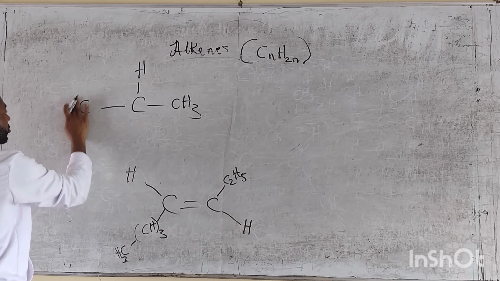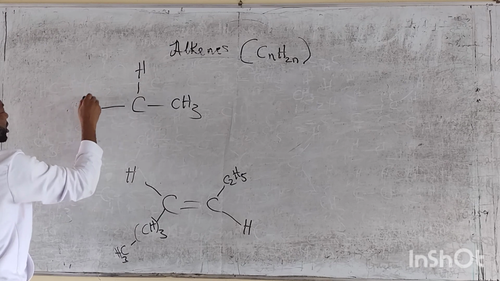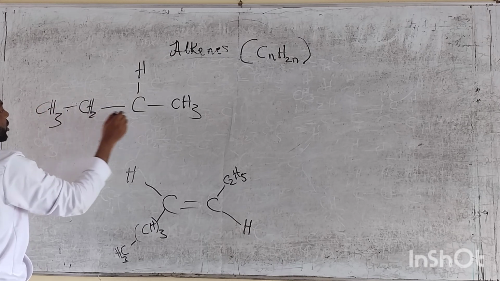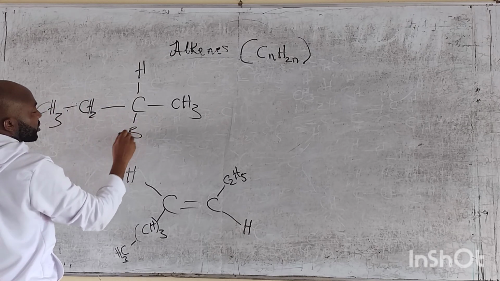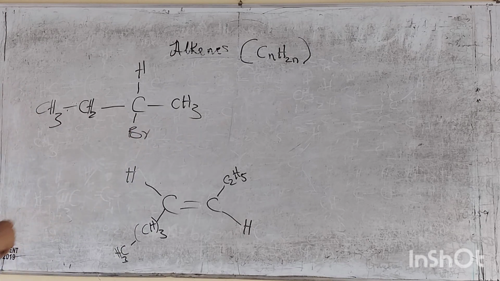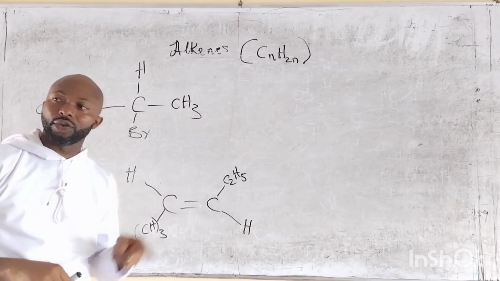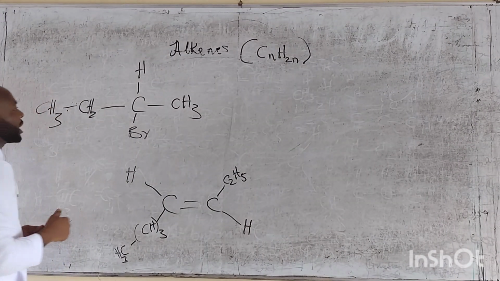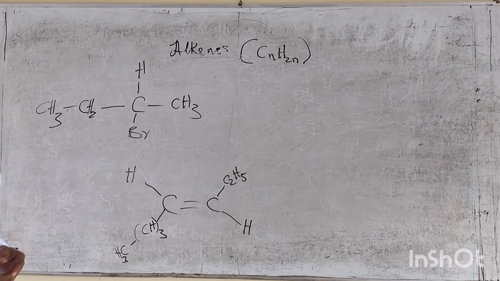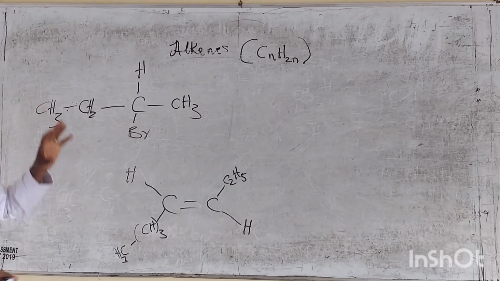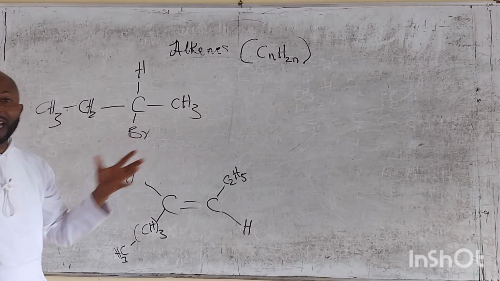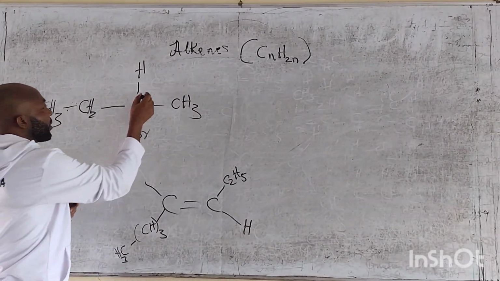Let me put it in front. Then CH3 here. This is bromine. Now, your job is to trace the chiral carbon. We say a chiral carbon or chiral center is that carbon that has four different groups attached to it. Let's think, this is our chiral carbon.